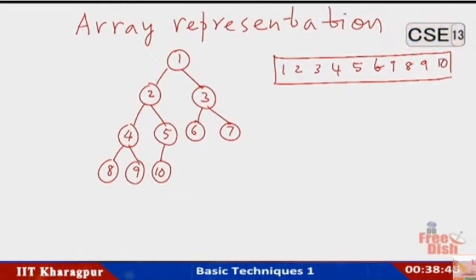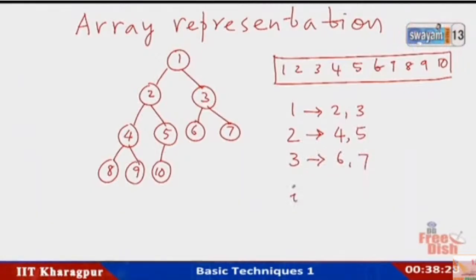Here we find that the children of node 1 are nodes 2 and 3. The children of node 2 are 4 and 5. The children of node 3 are 6 and 7.